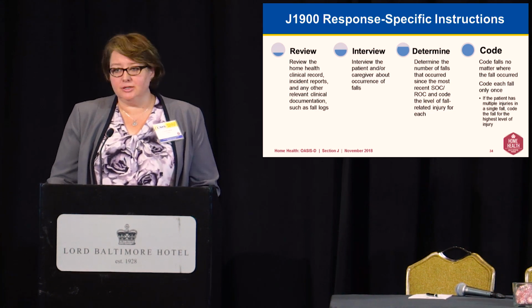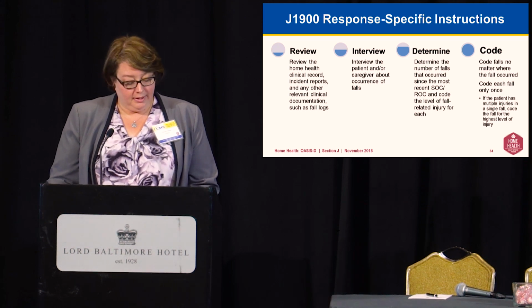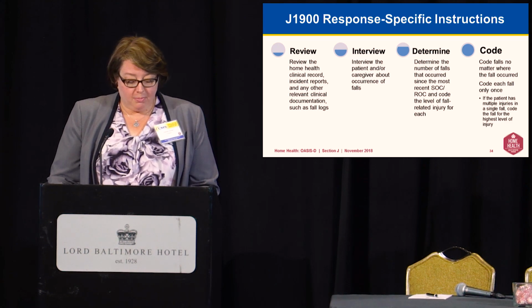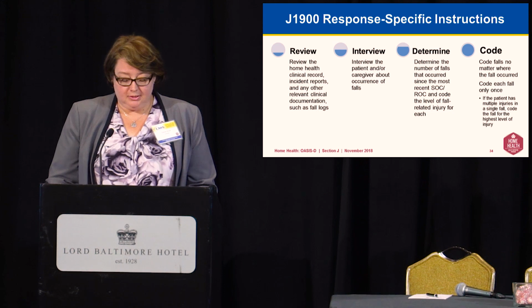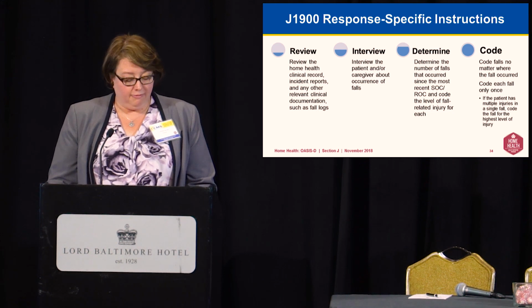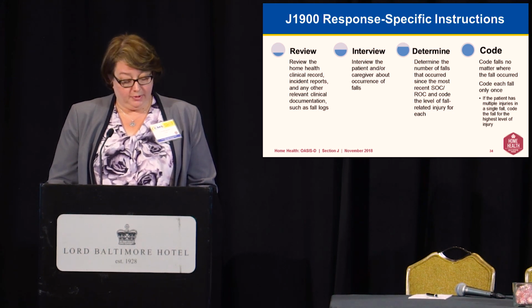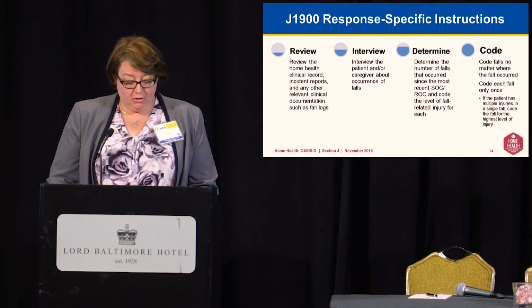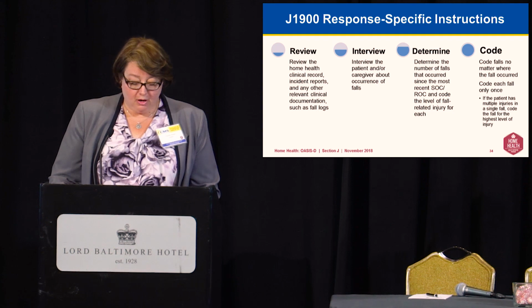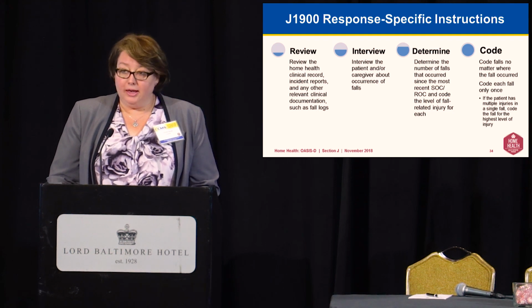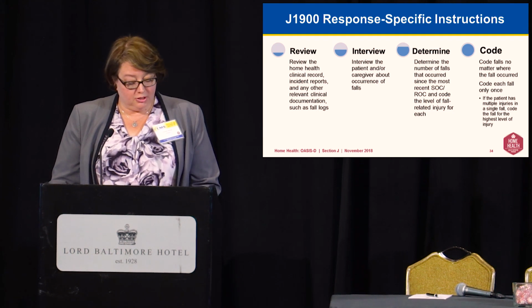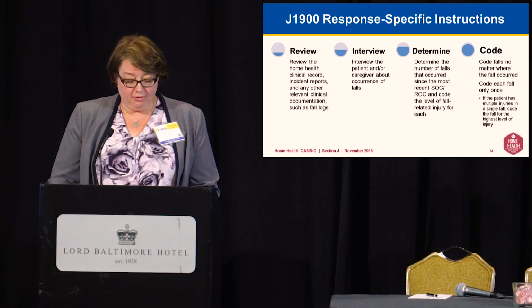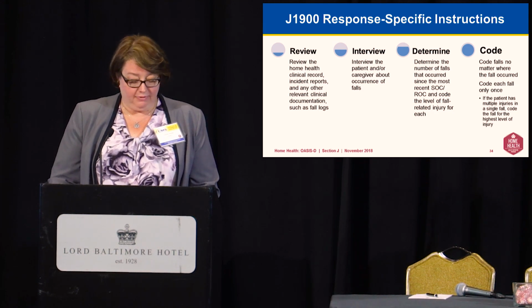You're going to delve into that data. You're going to determine the number of falls that occurred since the most recent SOC/ROC and code the level of fall-related injury. You're going to code the falls no matter where the fall occurred, coding each fall only once, and noting that if the patient had multiple injuries in a single fall, you're going to code the fall for the highest level of injury.